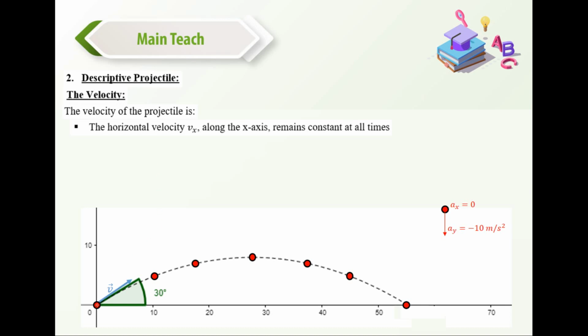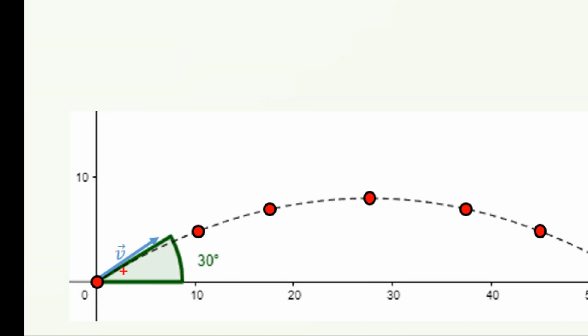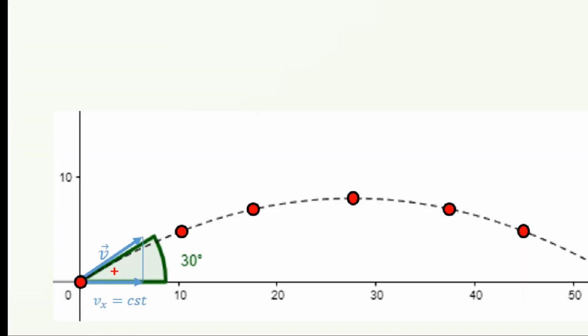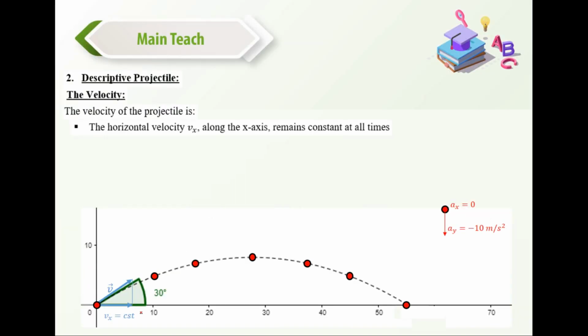Now this is the launching point, and we launch the projectile with an initial velocity making an angle, suppose 30 degrees, with the horizontal. From that we can determine the horizontal velocity using projections. Then we have decomposed v into Vx, and along the motion Vx remains constant at all times.